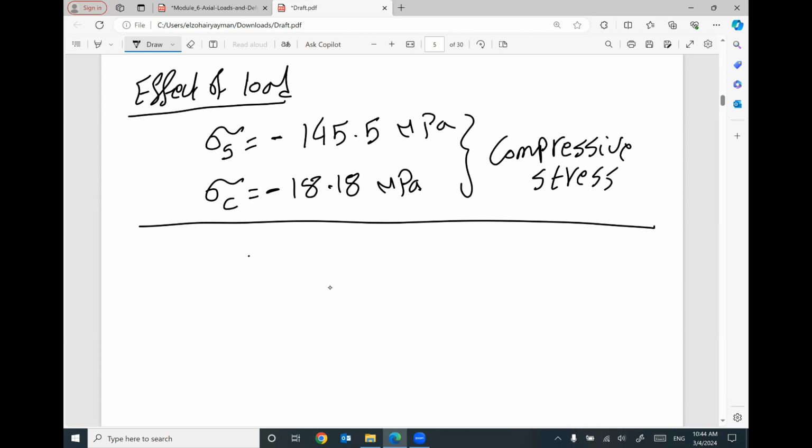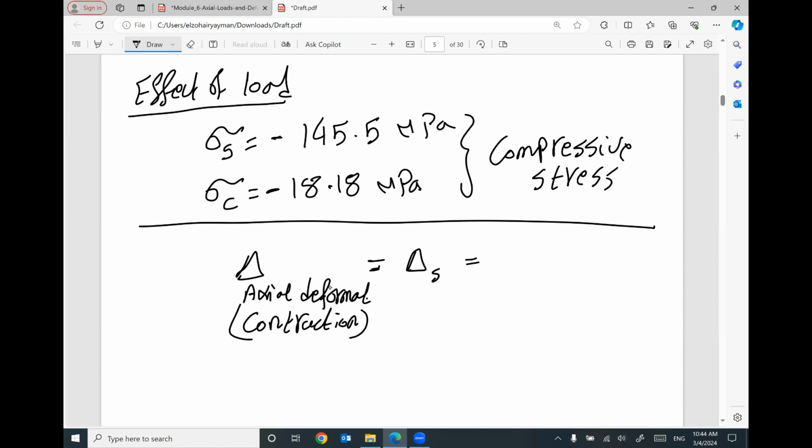And keep in your mind, the final axial deformation in the column will be contraction. So the length of the column will decrease. How much? One of them, delta steel or delta concrete, it's up to you.